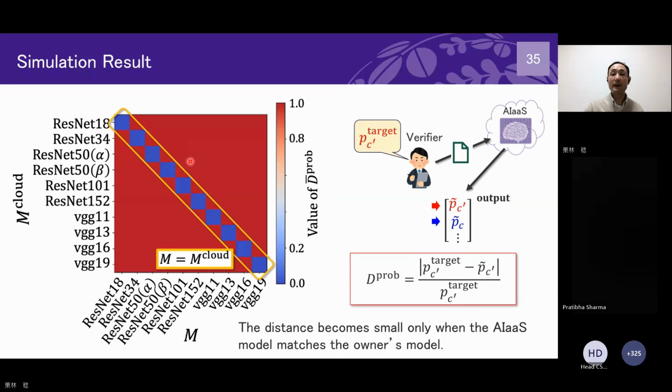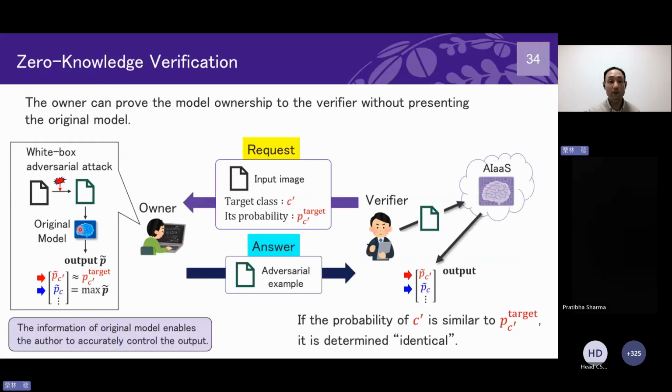Therefore, if the owner's model is the same as the cloud service model, then the distance becomes smaller. If the model is different from the cloud service model, then the distance is larger.